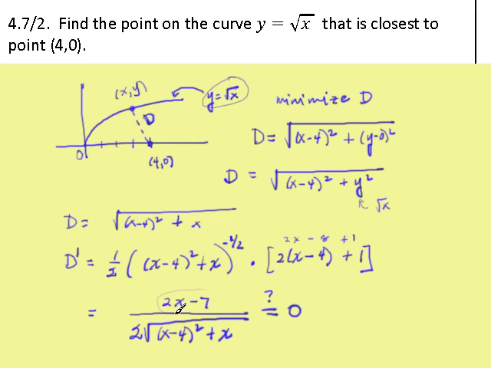Well, we can just set the numerator equal to 0. 2x minus 7 equals 0. So 2x is equal to 7, and x is equal to 7 over 2, or 3.5. And from our graph, that looks correct. The way we approximated this, it looked like x was a little bit to the left of 4. So from the graph, this does look reasonable.